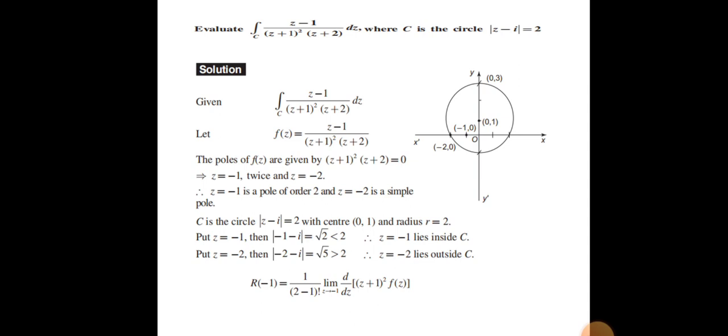We find the residue at z equal to minus 1 using the formula. It is a pole of order 2. So by the formula, this is 1 by m minus 1 factorial, where m is the order of the pole, which is 2 now. So 1 by 2 minus 1 factorial into the limit as z tends to minus 1 of the m minus 1th derivative, that is the first derivative, of z plus 1 the whole square into f of z.